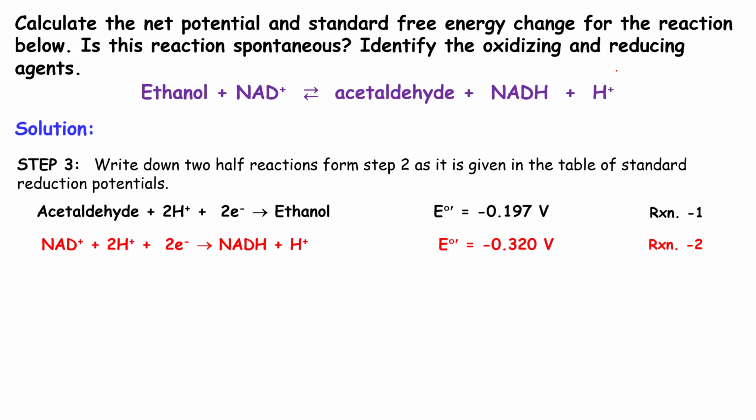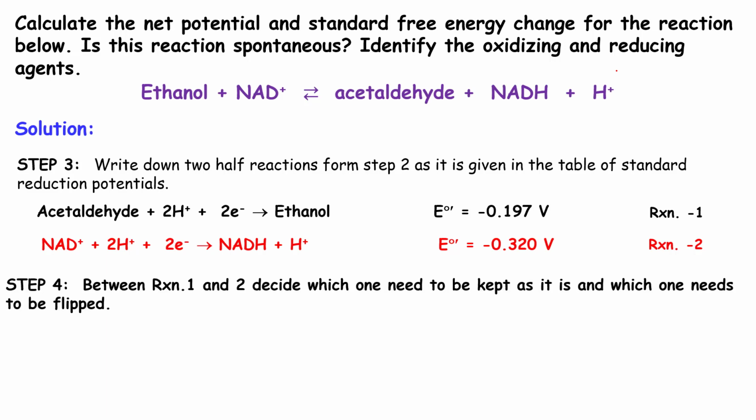So we're going to start from the same step 3, which is where we have written out the 2 reactions. Now step 4 says that between the 2 reactions, decide which reaction you're going to keep as it is given, and which one you're going to flip, because typically when you solve these problems, we end up keeping one reaction as it is, and flipping one, because that's how the equation is going to work out.